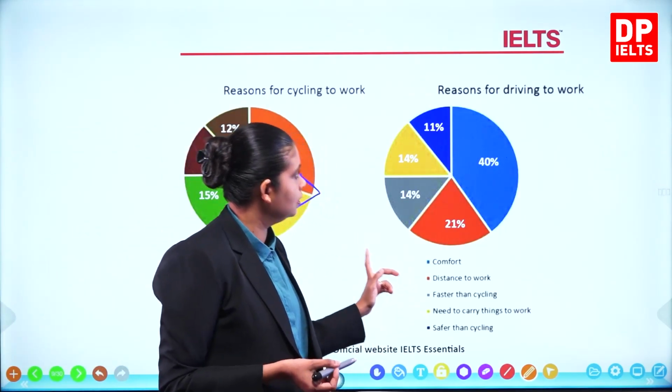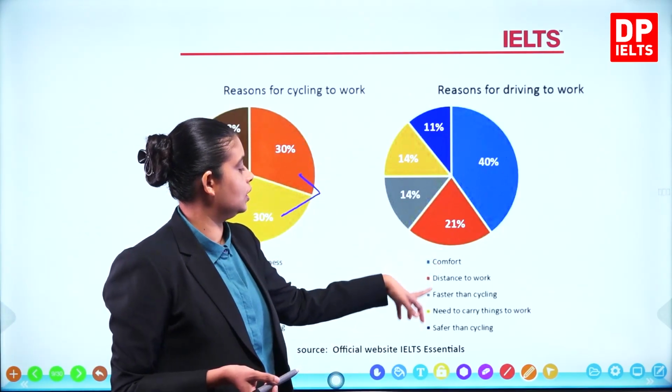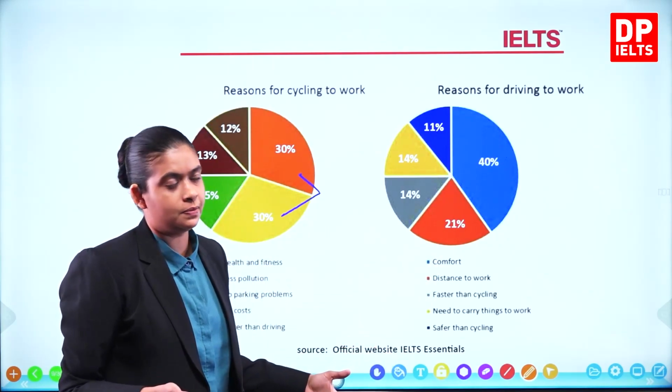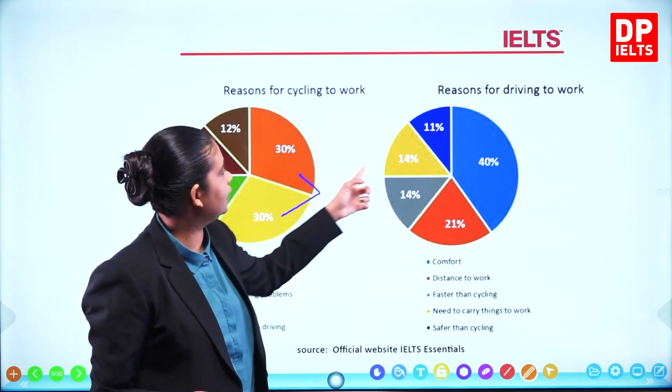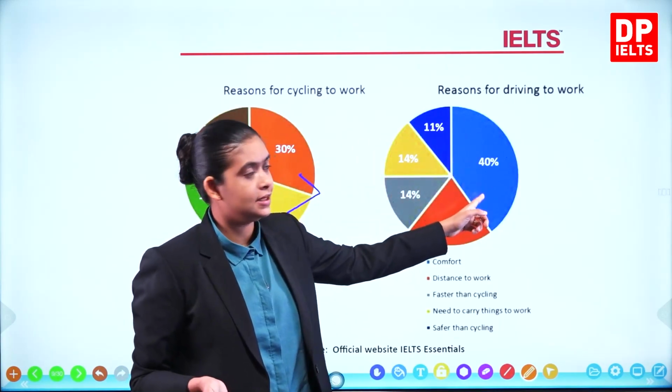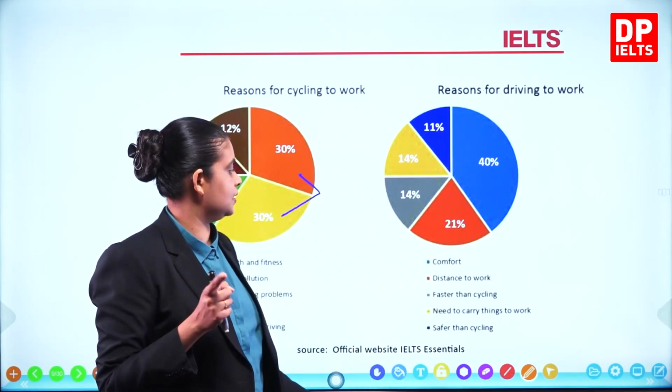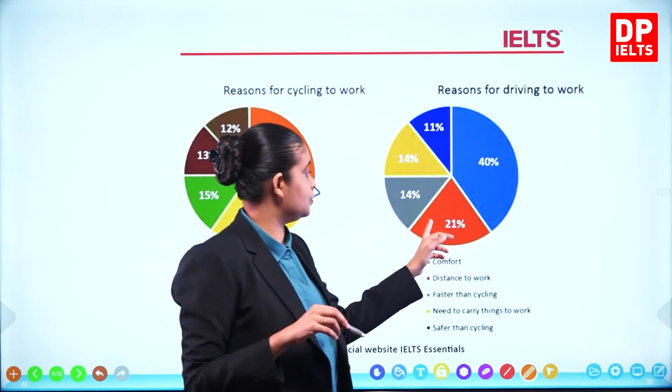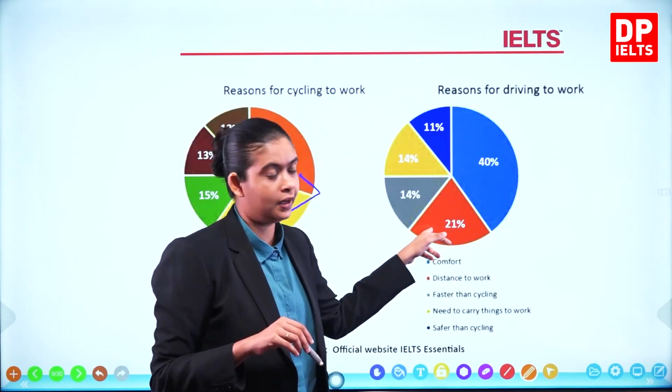However, the reasons for driving to work is that it's comfortable, and you can see that that is a larger percentage in terms of a single reason. Then distance to work is nearly half of that.